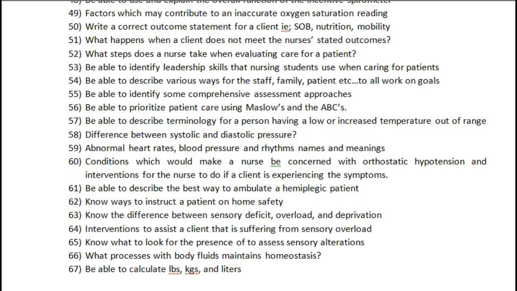Low fluid, because they'll pass out, decreased blood volume, dehydration, recent blood loss, as well as prolonged bed rest, anemia, or antihypertensive medicines place people at risk for orthostatic hypotension. So be able to pick that out.